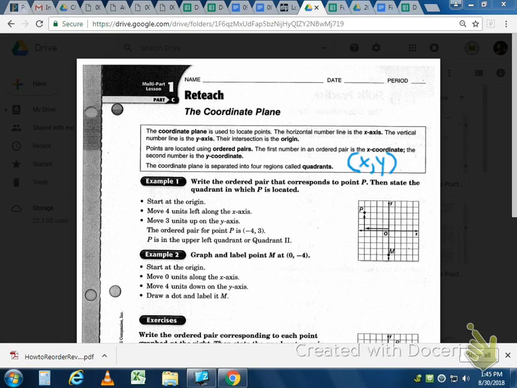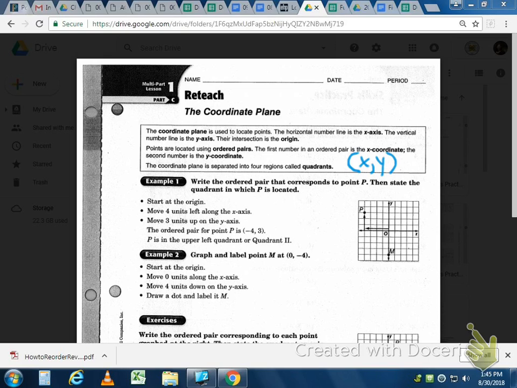If you write an ordered pair without parentheses, you're going to get it marked wrong. Did everybody hear that? If you don't have parentheses, it's just two numbers that you have written down with a comma in between. An ordered pair has to be in parentheses.